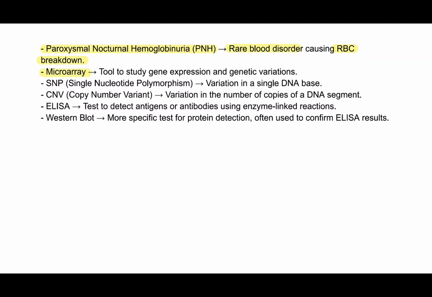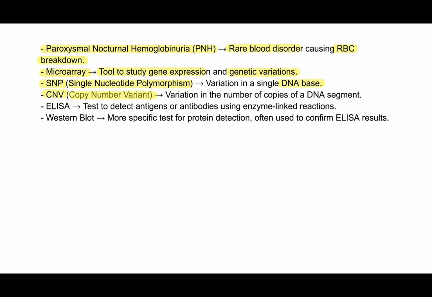Microarrays: a tool to study gene expression and genetic variations. Microarrays are basically used for gene testing, to study gene expression and variations in the genes. SNP or single nucleotide polymorphism: variation in a single DNA base.